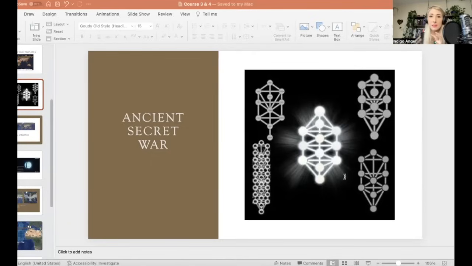But these base 10 architectures of the universal tree of life are considered, I think, an entropic system, where it's like enclosed. There's limitations with it. It can only expand so far, and then it collapses down on itself.